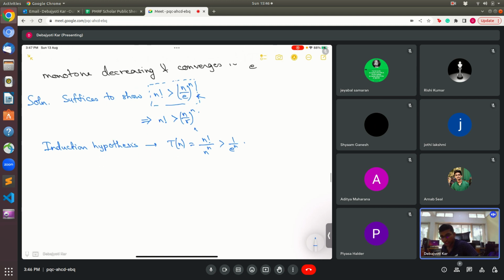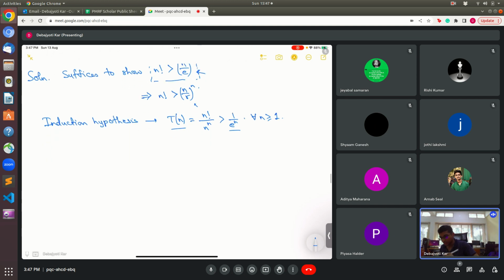So my induction hypothesis is that Tn is greater than 1 by e to the power n for all n greater than or equal to 1. What is the base case?